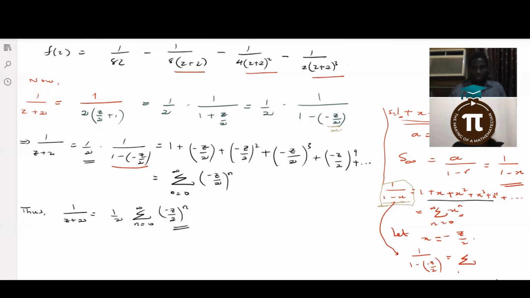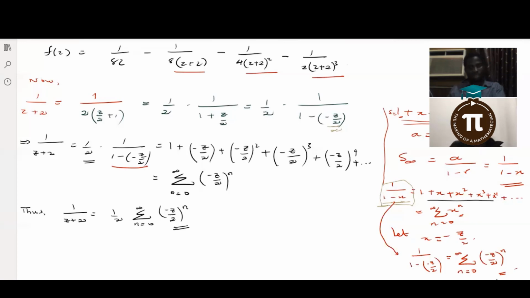Because it's a minus in front, you have to put the minus in there. But if it was a minus x, it's just going to be positive x to the power of n, right? So that's the first one.